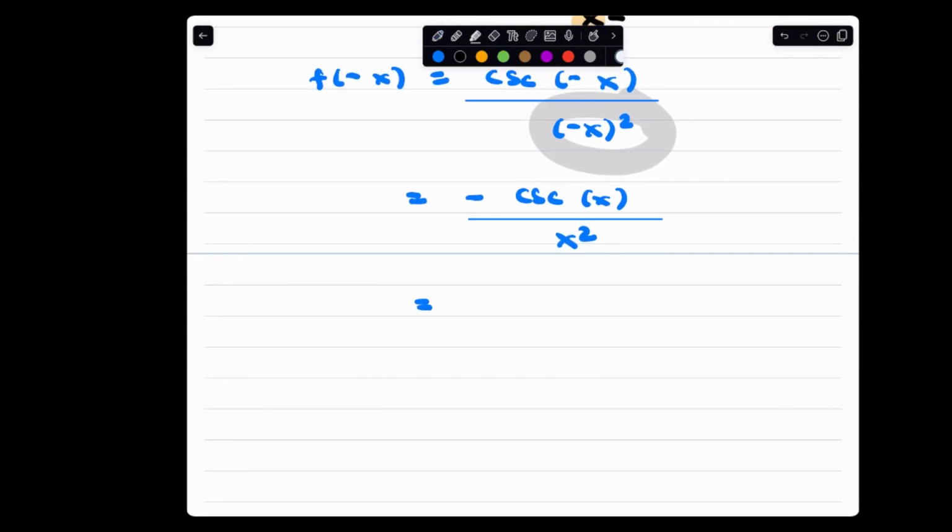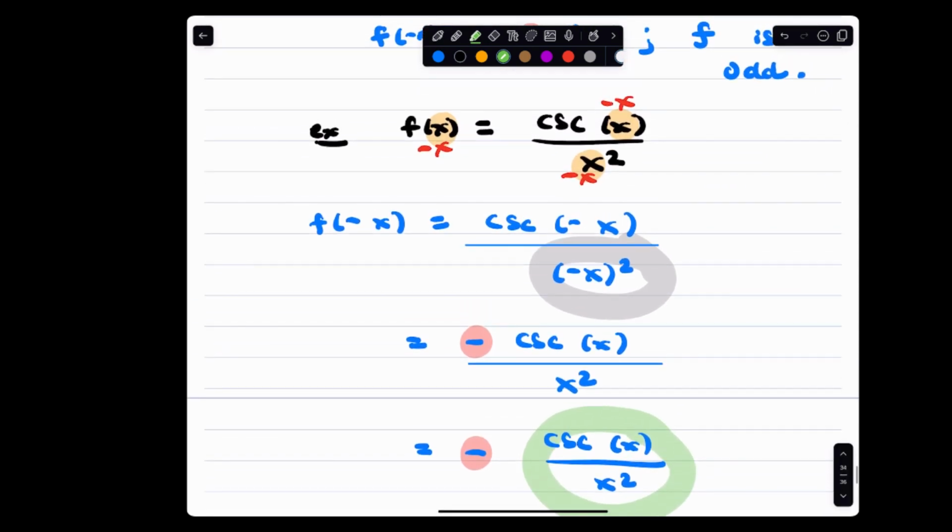So this negative 1 sign here gets pulled out. And what is this? Have you seen that before? That's f.